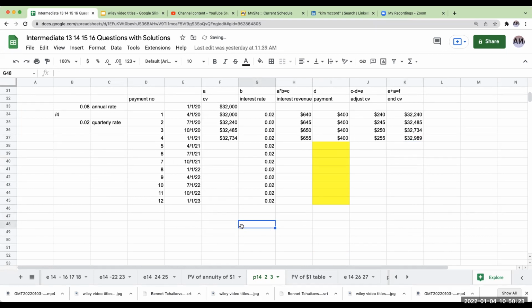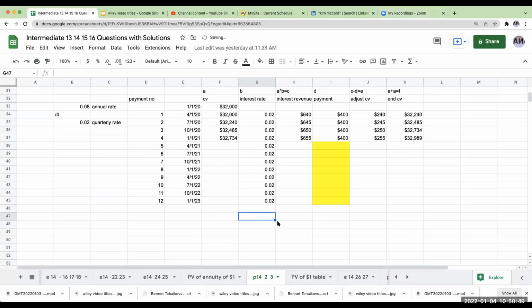What is that internal rate of return? How do I figure out the payment amount from here? So the amount that's owed is going to be $32,989.